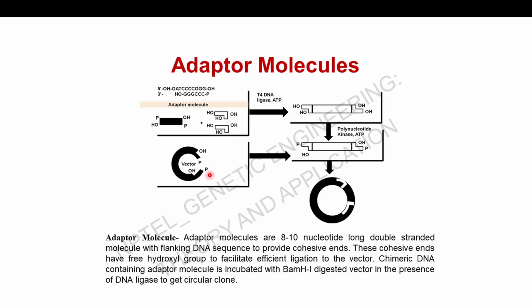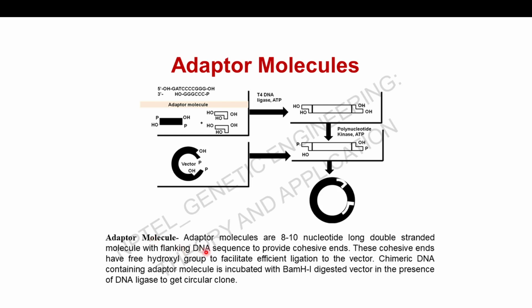The vector is also digested, having these complementary or compatible overhangs, so these two molecules are then ligated. The vector molecule, this one, and the insert after kinase treatment are ligated to form a clone.